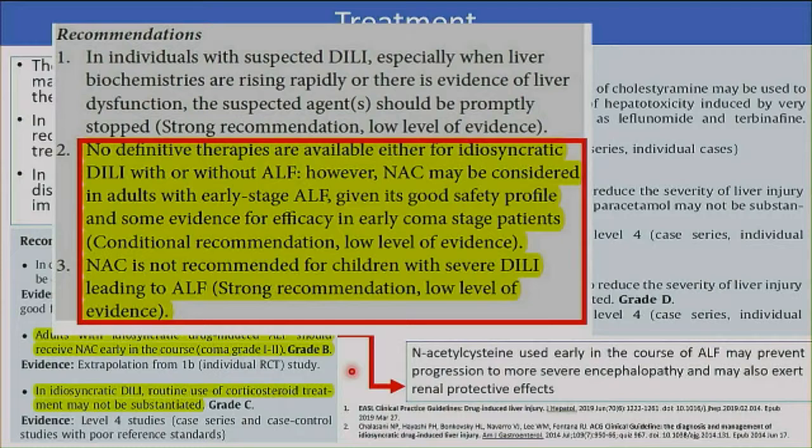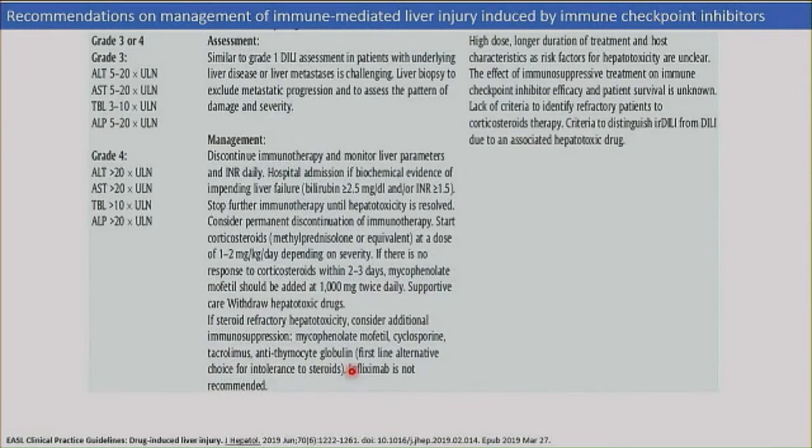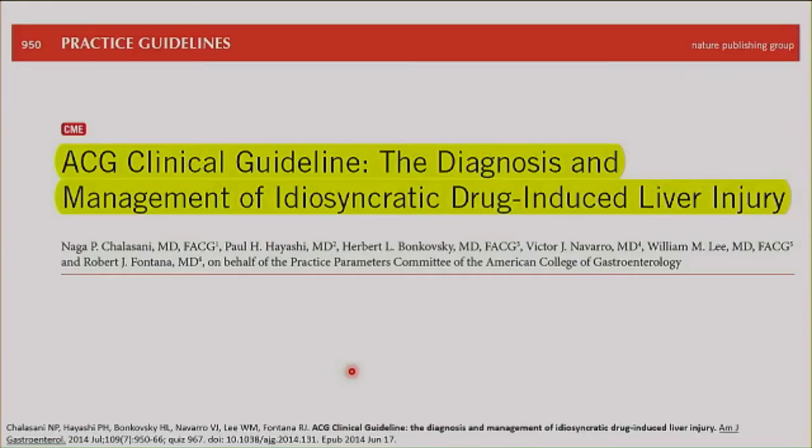However, NAC may be considered in early stage ELF, acute liver failure. And then the strong recommendation is to stop the cause of the DILI. This is how to make the grading of the condition using immune modulator drugs.